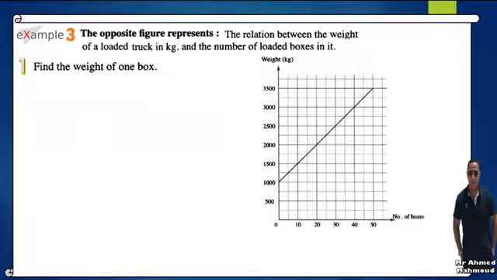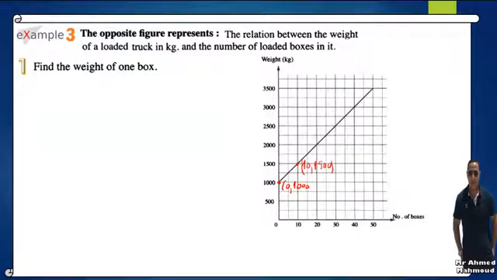I'm going to choose this point, 0 and 1000, and this point, 10 and 1500, and evaluate the slope between them.